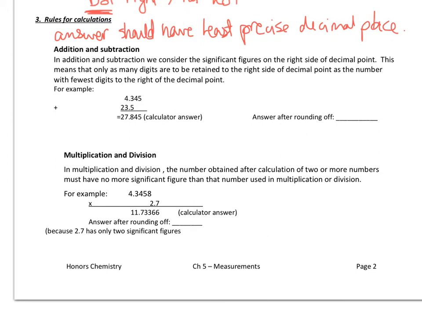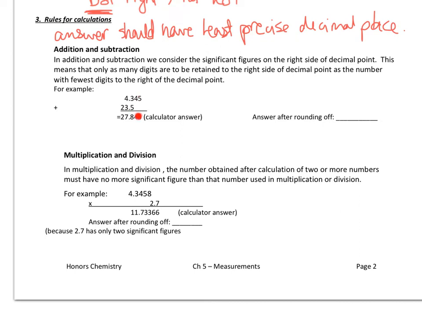What you do is look at the numbers that you're adding or subtracting. In this case, we're adding 4.345 and 23.5. 4.345 is precise to the thousandths place. The last sig fig is the thousandths place. 23.5, the last sig fig here is the tenths place.